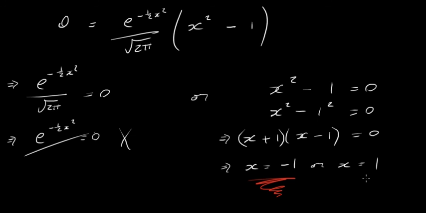I think it was point C, but we were asked in this particular question to show that the point B is at a point of inflection. So we did get minus 1 as an x coordinate for our point of inflection. Okay, so that's it for this question.